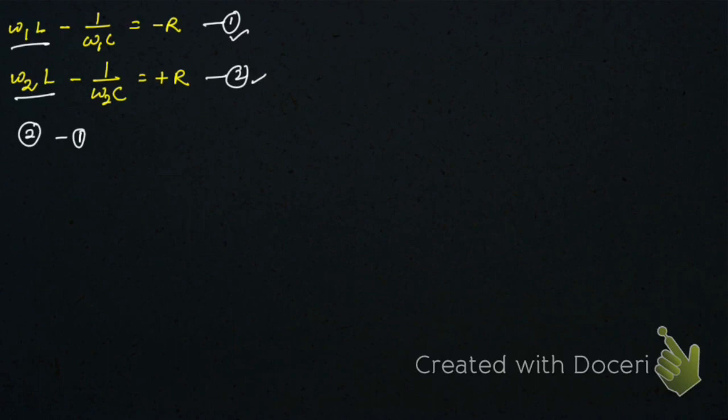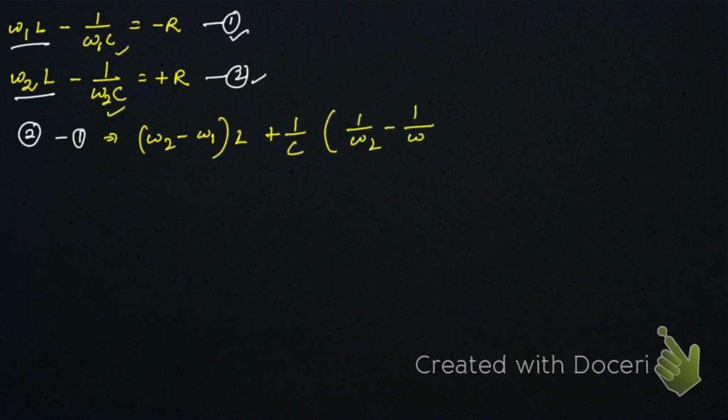And here, this term minus this term, if you take 1 by C common, then within the bracket you will get 1 by omega 2 minus 1 by omega 1. And on the right hand side, R minus minus R, that's going to be R plus R, so twice R. Hope you have understood this.